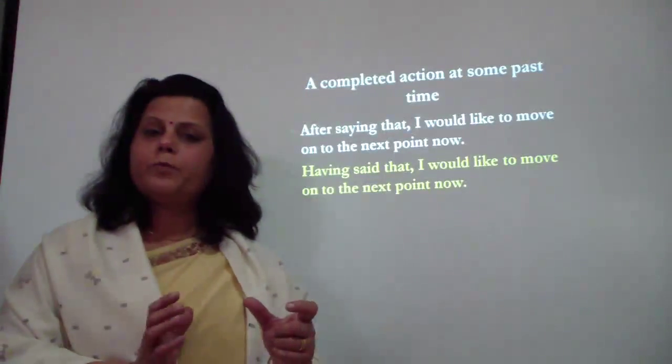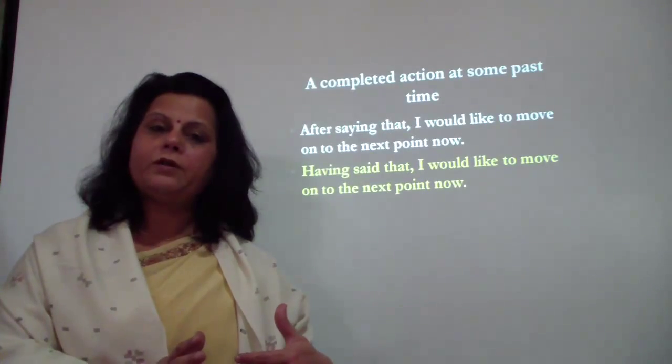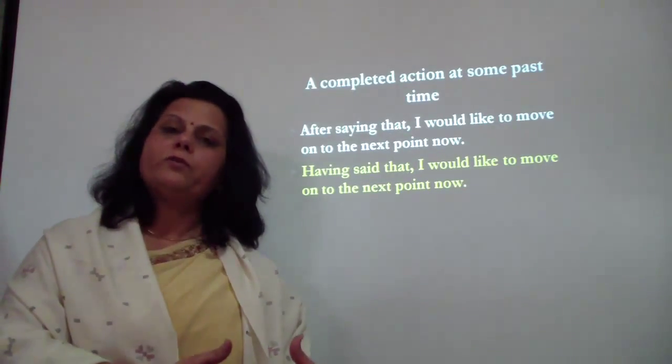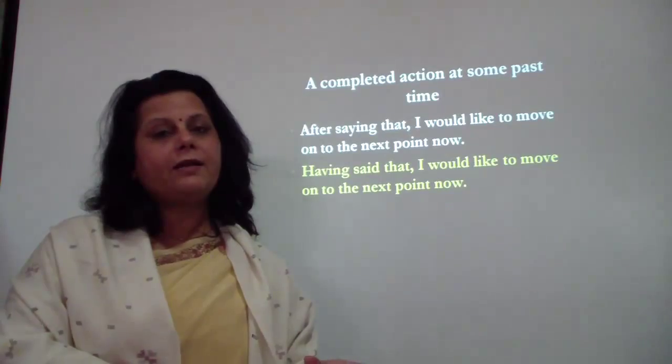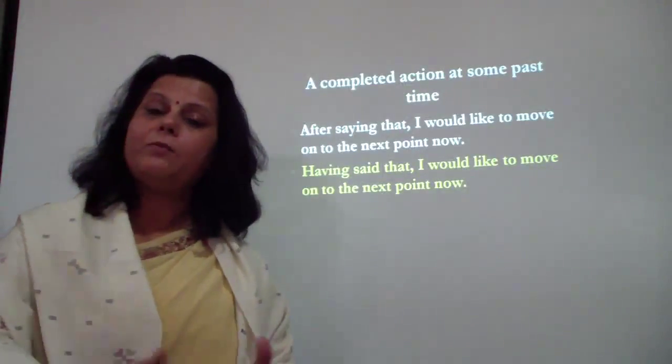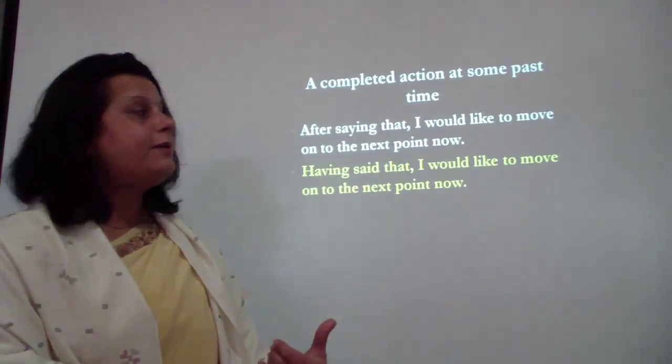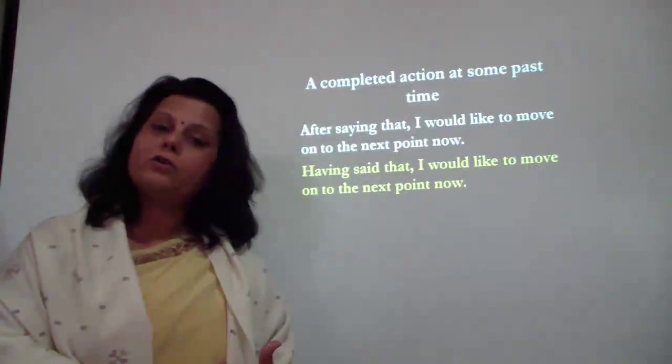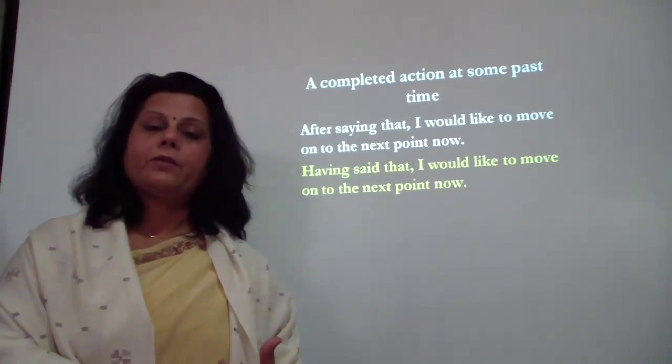So no. When we talk about perfect participles, the action got over in the past. So having said that, because after saying that, I've said this and now I'll be moving on to something else. So having said that, I would like to move on to the next point now.